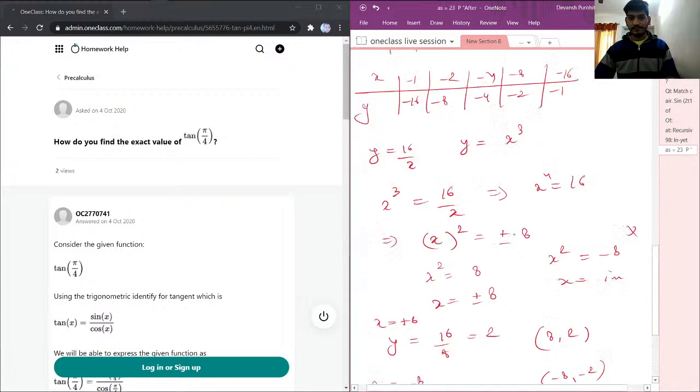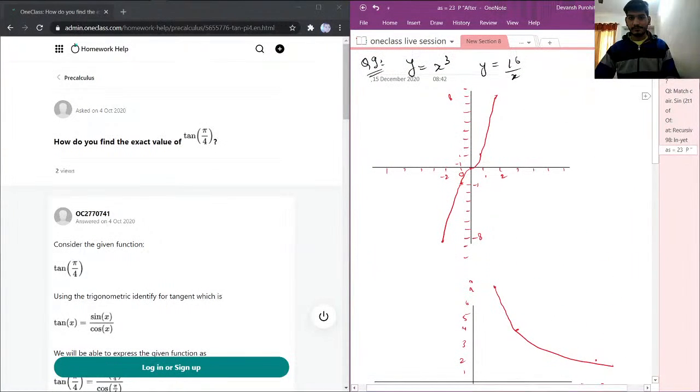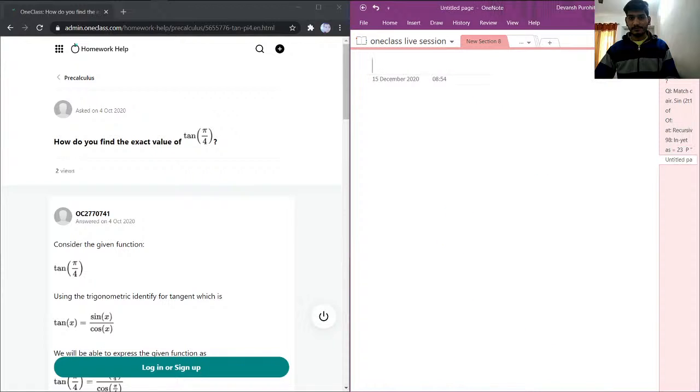So this one is going to be question number 10. It states: how do you find the exact value of tangent of pi over 4?